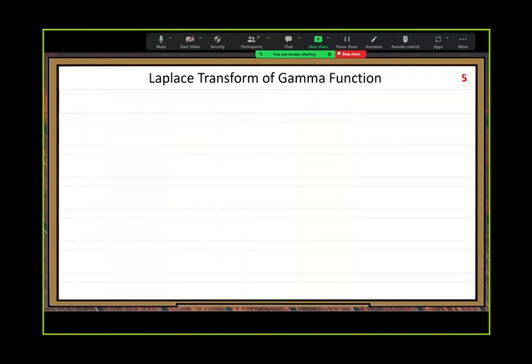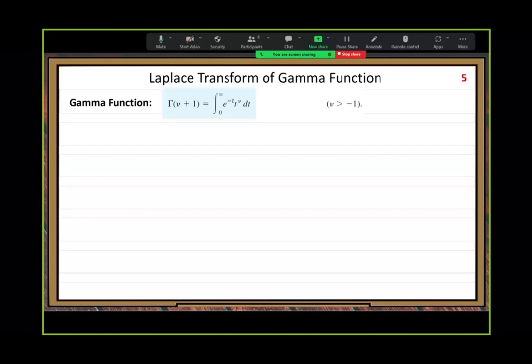All right. Laplace transform of gamma function. There is a function, the gamma function. This is the definition of the gamma function. In our previous topic, actually there is one topic where we need to use the gamma function, but I skipped that. So this is the first time we see the gamma function definition.